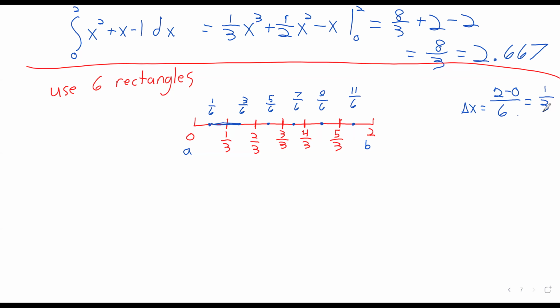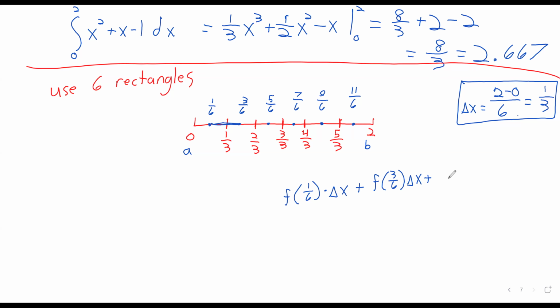And another nice thing with the midpoint rule, using the assumption that delta x is fixed, the first term is going to be f of 1/6 times delta x. The next term is going to be f of 3/6 times delta x, and so on.